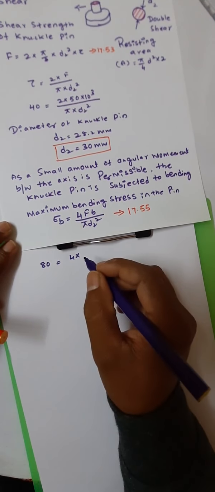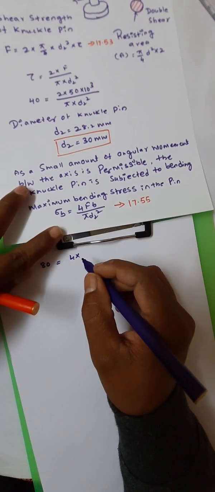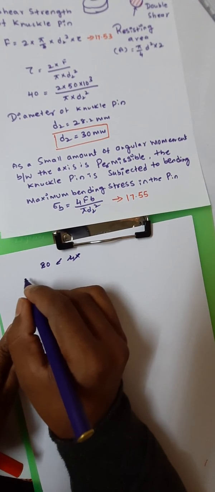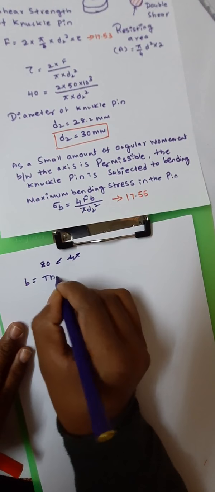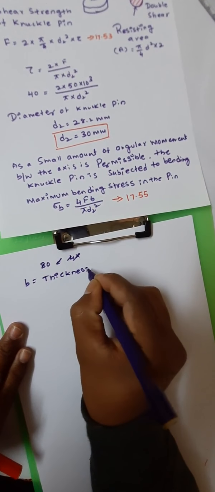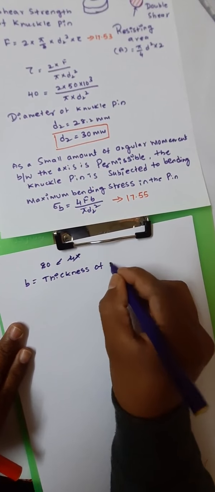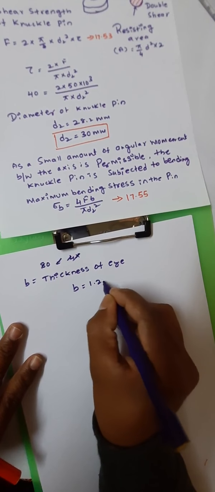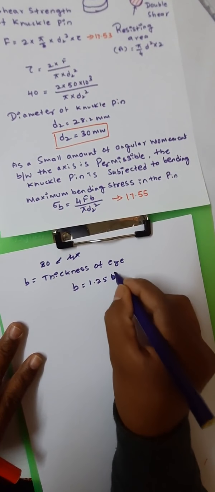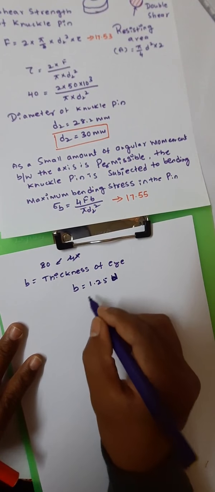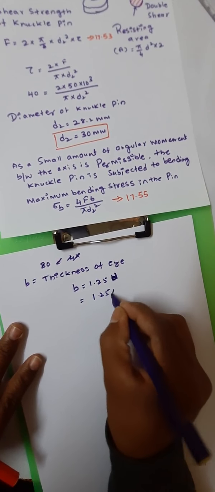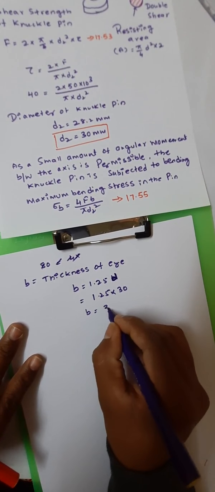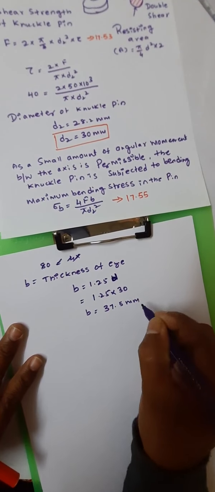Before solving this, we need to find b, that is the thickness of the eye, b is equal to 1.25 times d. With d equal to 30, we get b is equal to 37.5 mm.